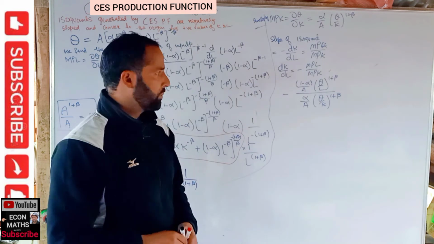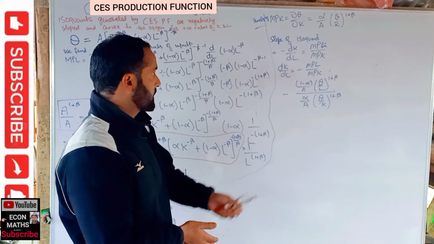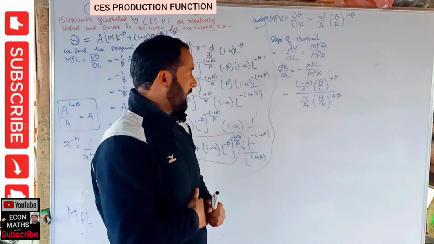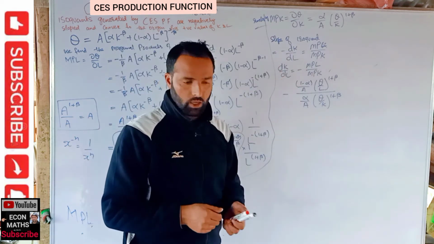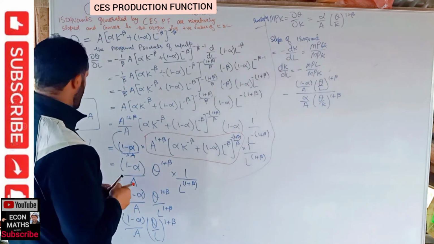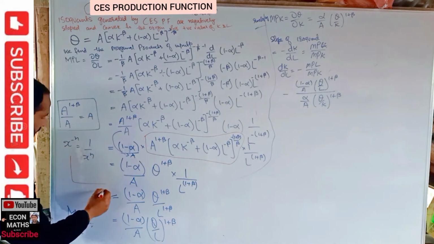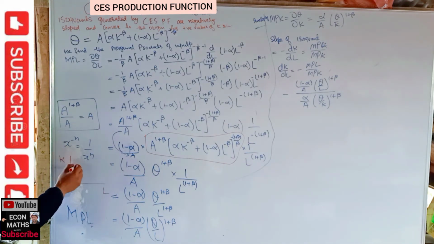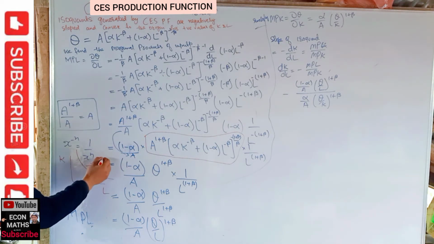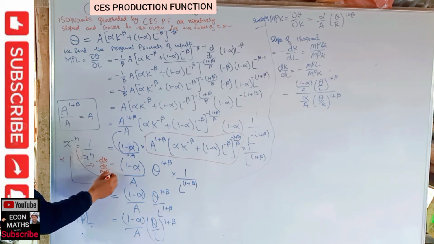I hope I am making myself clear, because the slope of the isoquant is given by that very formula. By slope of the isoquant we mean, if we measure labor on this side and capital on this side, the slope of this very isoquant is given by minus dK divided by dL, which is equal to MPL divided by MPK.